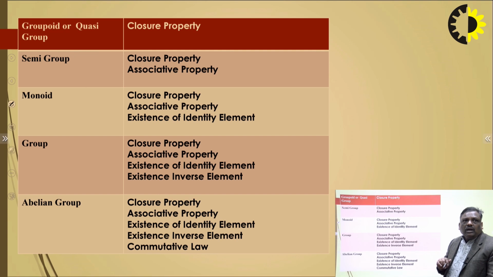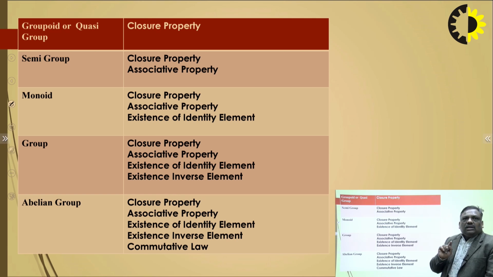Next, here we can easily see that when any algebraic structure has the closure property, that means if any set G has certain elements and applying the binary operation on the set, each result is also in the set, that is known as closure property.